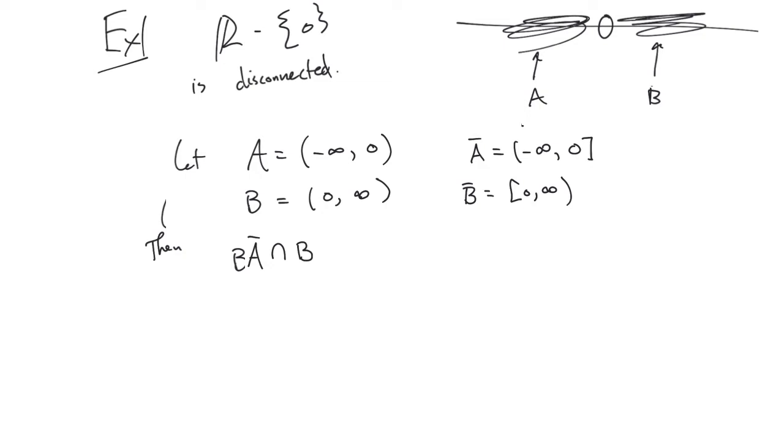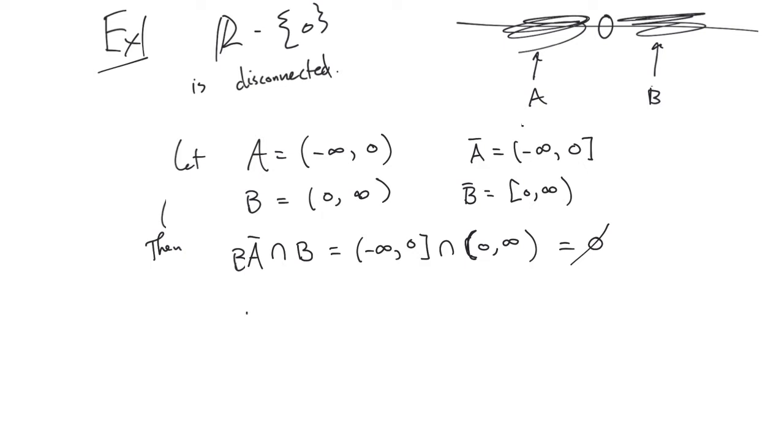And we just verify, we check. What is the intersection A bar intersect B? This would be minus infinity to 0, closed interval, intersect the open interval 0 to infinity. And what is that intersection? Are there any numbers that are in both of those two sets? The answer is no, there are not. And so this intersection is empty, which is what we want.